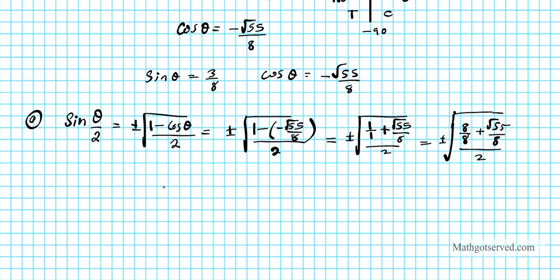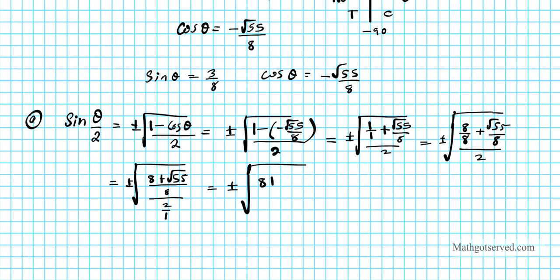Combine the numerator, and we'll have plus or minus the square root of 8 plus root 55 over 8 divided by 2 over 1. Okay, now we'll drop, change, flip. We'll drop the numerator and multiply by the reciprocal of the denominator. That's what division is, multiplying by the reciprocal.